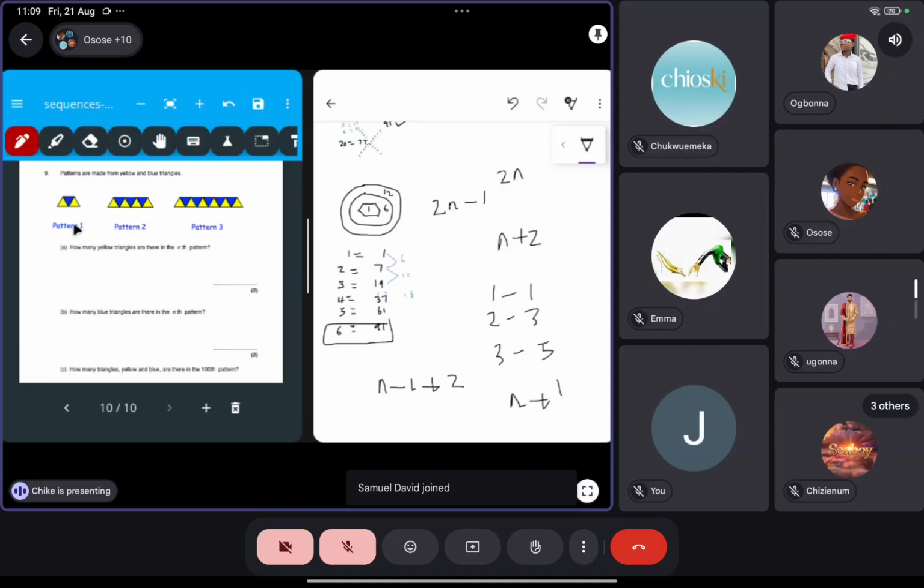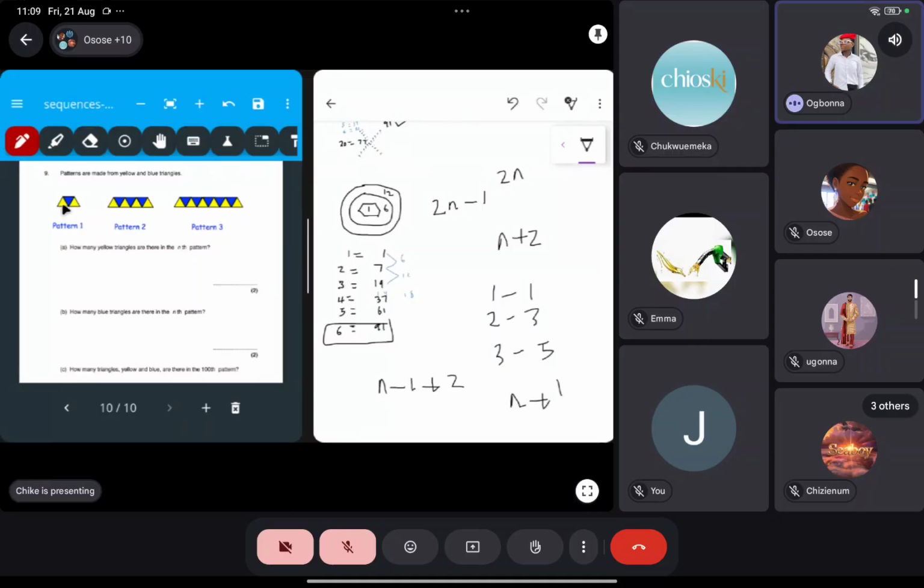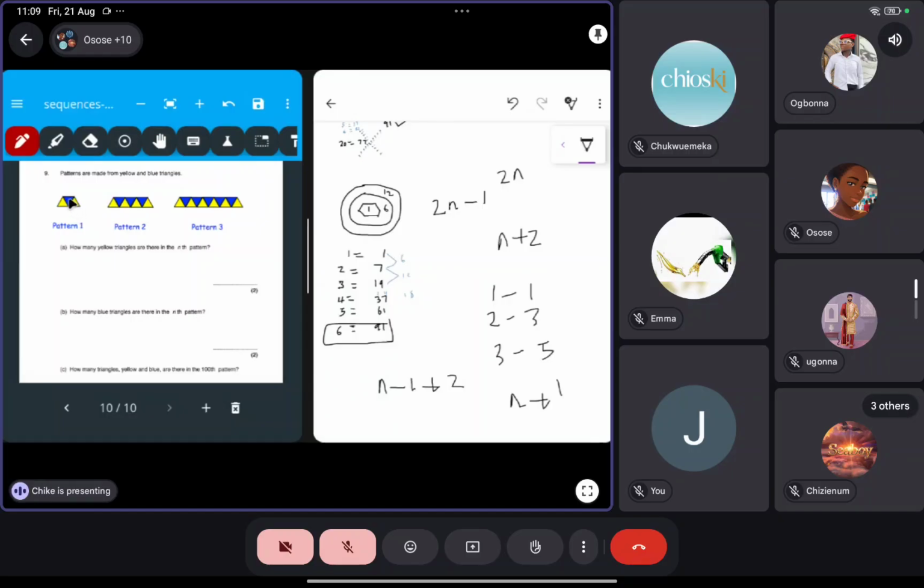That means basically how I got it is this. I observed that for every number of yellow, the blue will be a reduction of 1. For example, here there were 2 yellows, 1 blue, 4 yellows, 3 blues. I didn't calculate to get there. It's just by observation. Here there were 6 yellows and 5 blue.